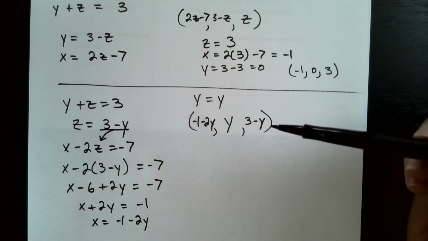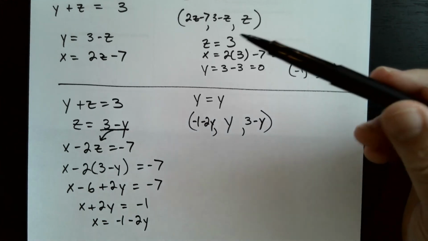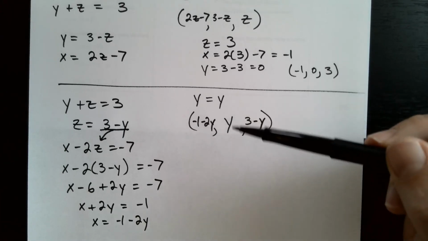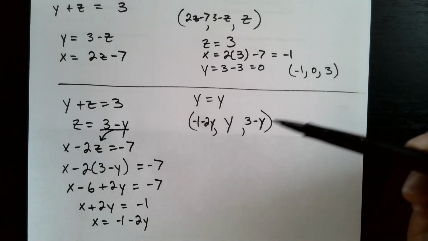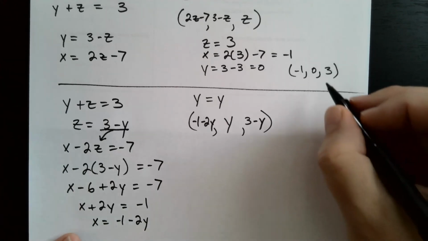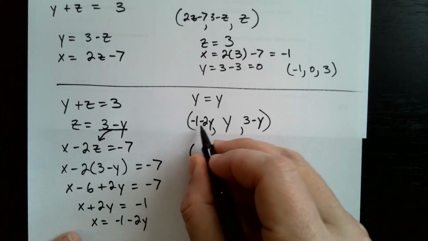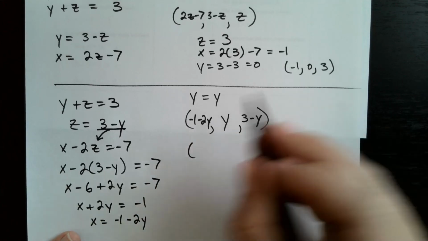Now, to prove that this works, I'm going to use the y value that we got when we plugged in for z. We got y is equal to 0. So I'm going to use 0 here and see if I come out with a negative 1 here and a 3 here, which we should. So 0 in here: negative 1 minus 2 times 0. That's just negative 1 because the y term goes away when you plug a 0 in.